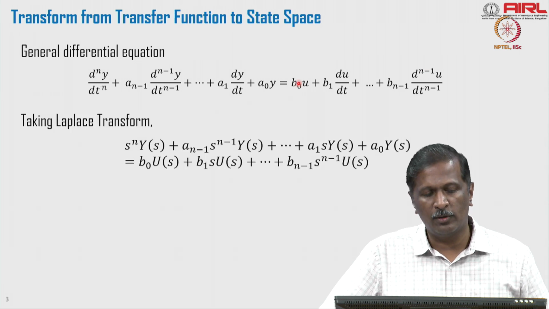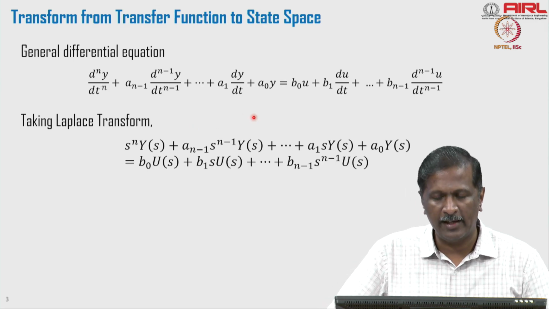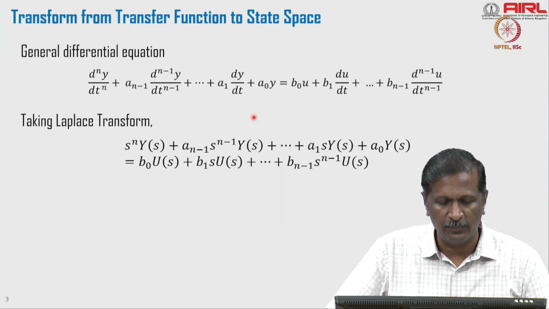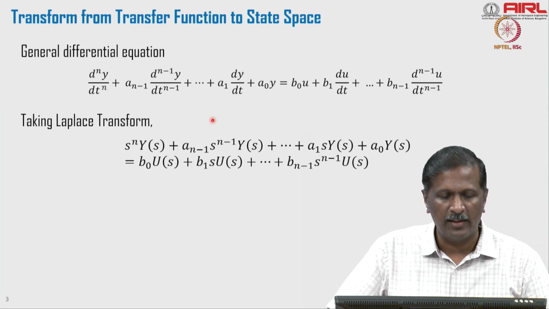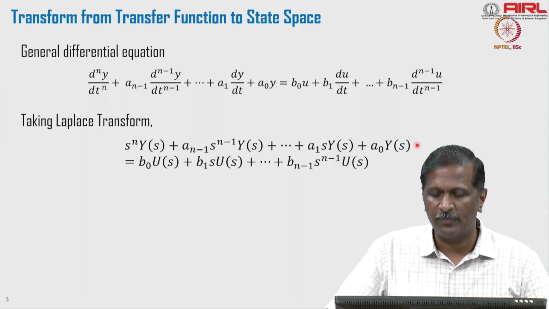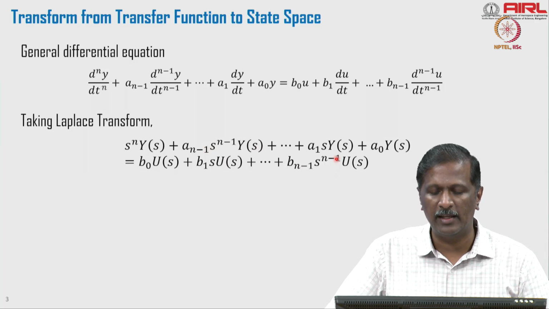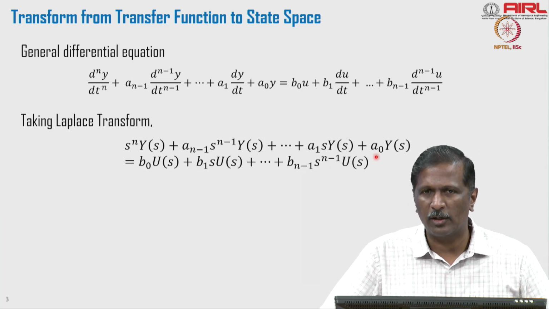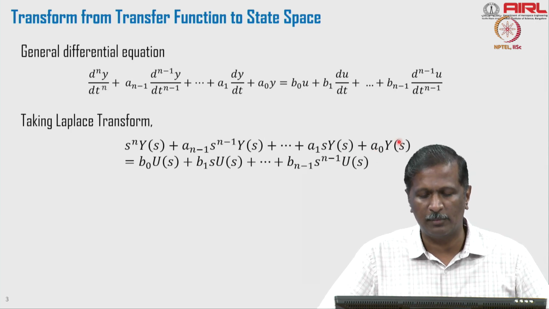Now if I take a Laplace transform, again initial conditions we assume to be 0, then we will get s^n Y(s) + a_{n-1} s^{n-1} Y(s) all the way. Similarly, you will have b_0 U(s) to b_{n-1} s^{n-1} U(s). We talked about this when we talked about a classical system.